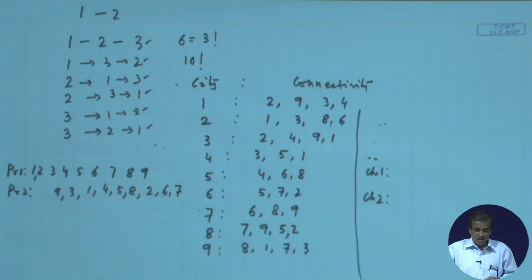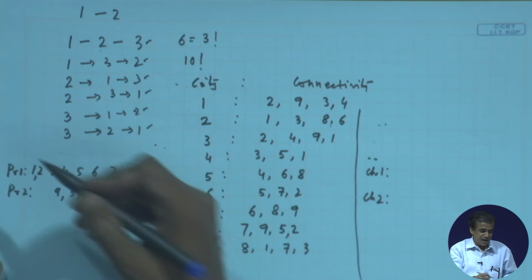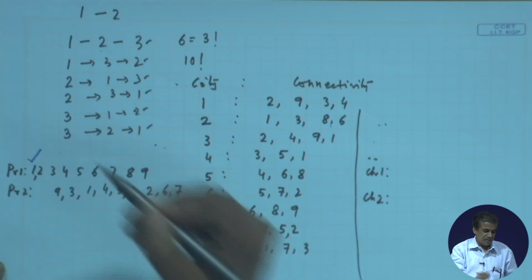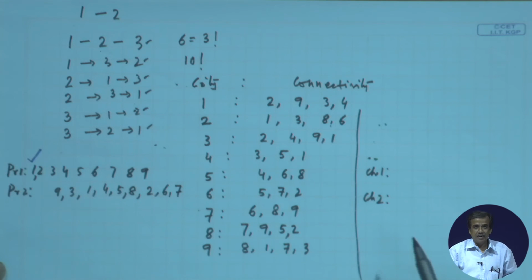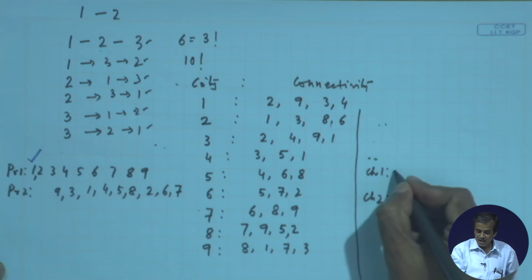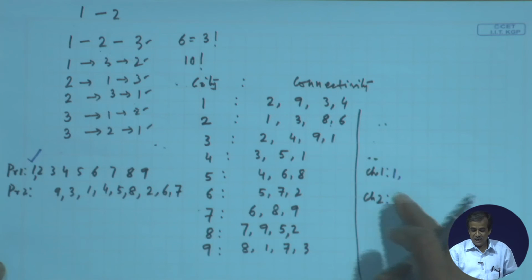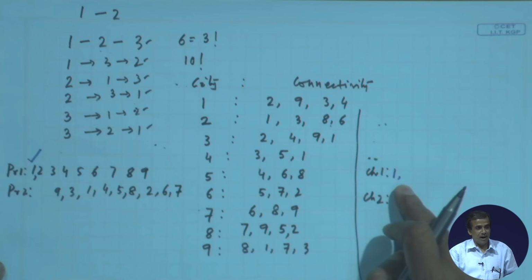Okay. Now, what we do here is we start with parent 1, the first city of parent 1. The first city of parent 1 is city 1 and I am trying to find out child 1. So, against child 1 I am going to write city 1.